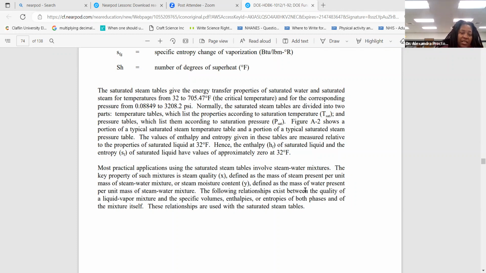The following relationships exist between the quality of the liquid vapor mixture and the specific volumes, enthalpies, and entropies of both phases of the mixture and of the mixture itself. These relationships are used for those steam tables.